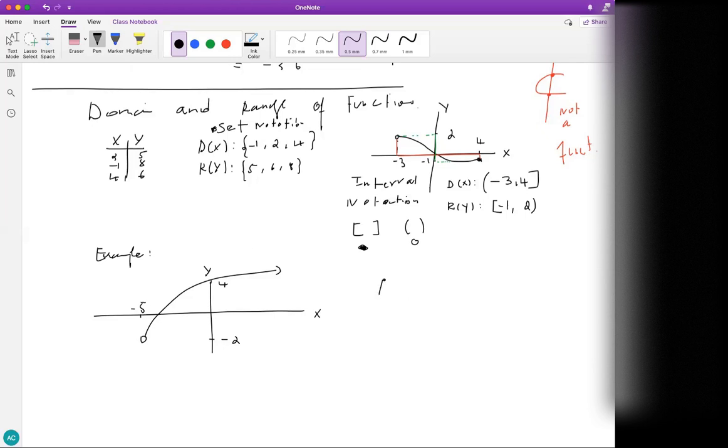Let's start with the domain. The domain goes between what values? Think about the x of this graph. It starts from where? What is the lowest x and what's the highest? For this graph, this is the lowest point. What's the x here?